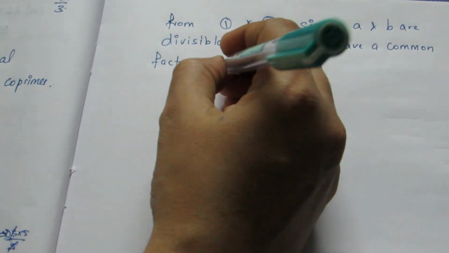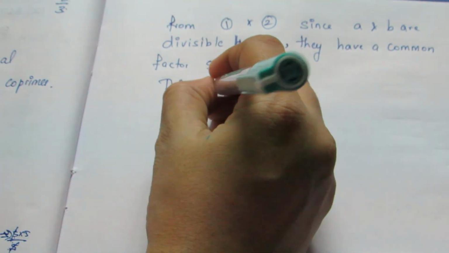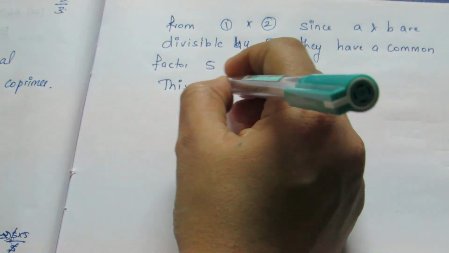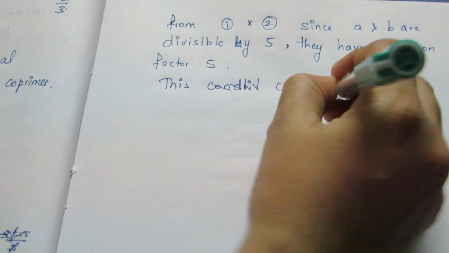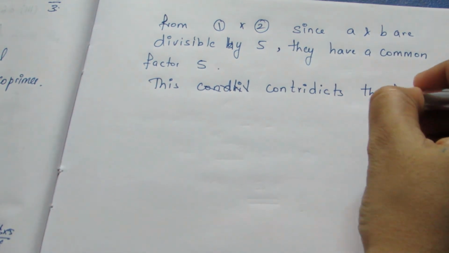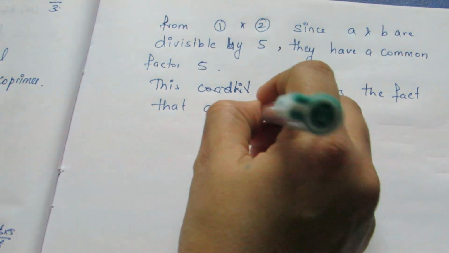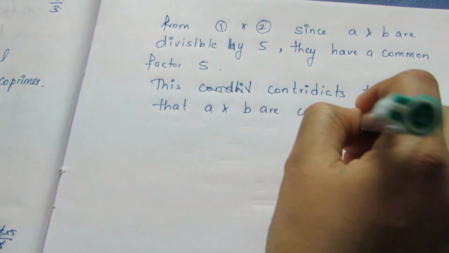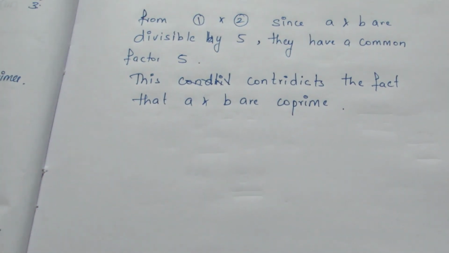This means this contradicts the fact that a and b are co-primes. They are not co-primes. So this contradicts the fact that a and b are co-primes.